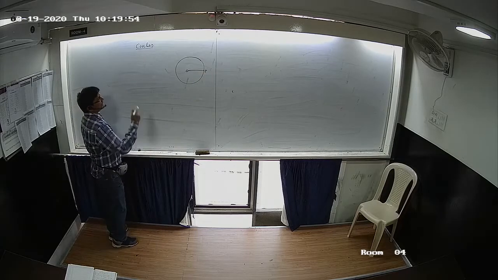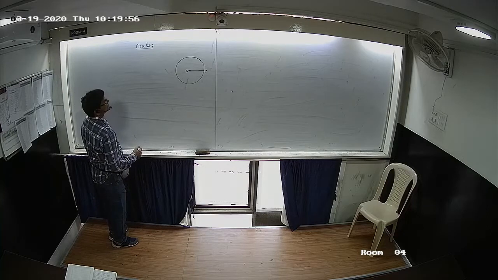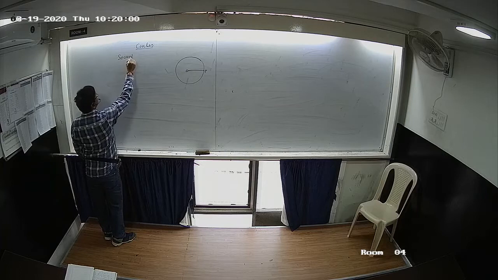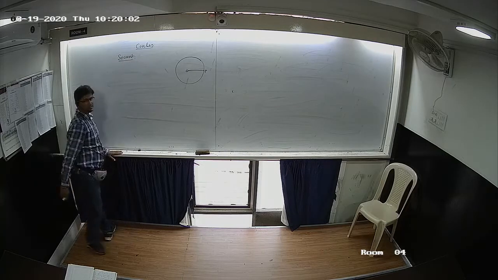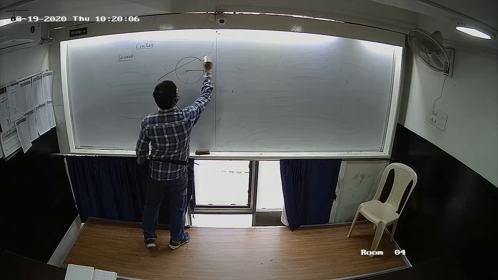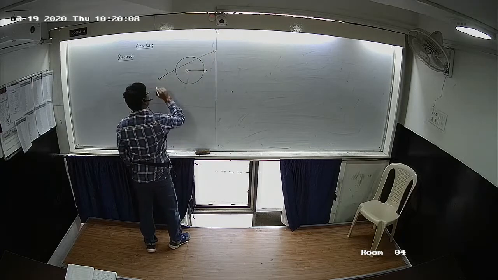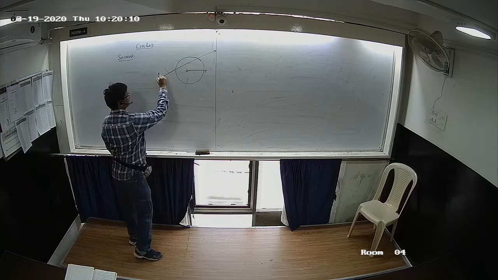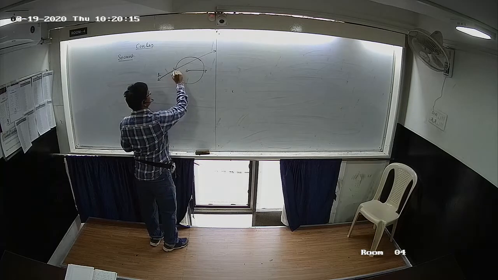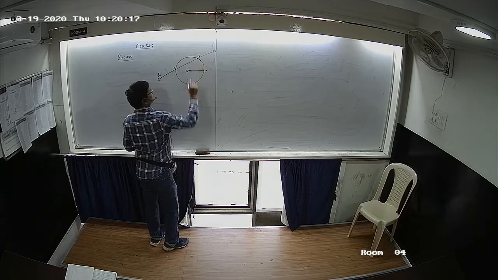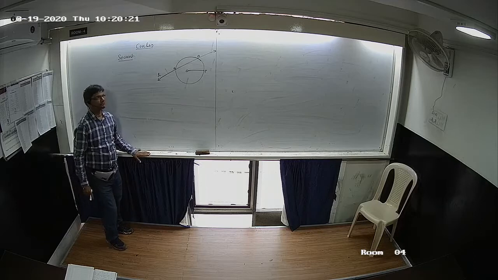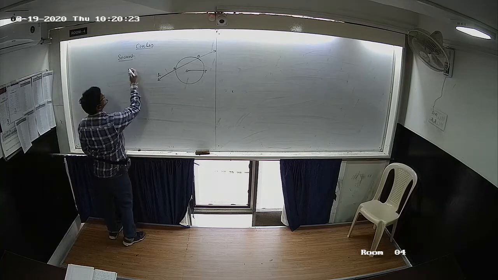Okay. So here, first let us know the secant. What is a secant? If we draw a line L which intersects the circle in 2 points, then that line is called a secant to the circle.